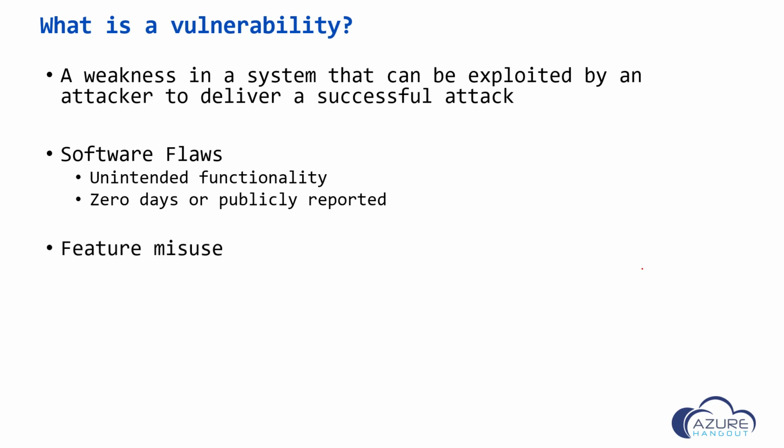There could also be feature misuse, right? When we talk about vulnerabilities, it's not just about software flaws and CVE IDs. It could actually be a legitimate feature, which is intended functionality, but an attacker has found a way to use it in a malicious way. A very good example of this, for those familiar with cybersecurity history, is the Melissa worm, which was popular around 1999. Microsoft introduced macros into the Office applications to add capabilities and allow users to automate tasks they do frequently.